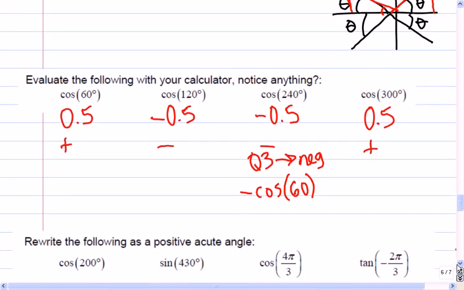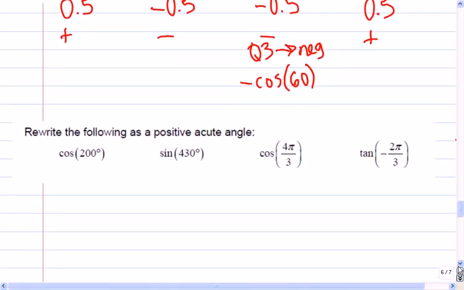Okay, so let's see if we can get the hang of this a little bit. Let's try to rewrite the following angle. So positive and acute, this is just going to be the reference angle. Okay, so try and rewrite the cosine of 200 using the reference angle and the CAST rule. Okay, so what's the reference angle for 200? 20 degrees.